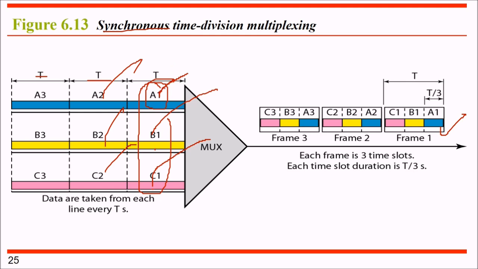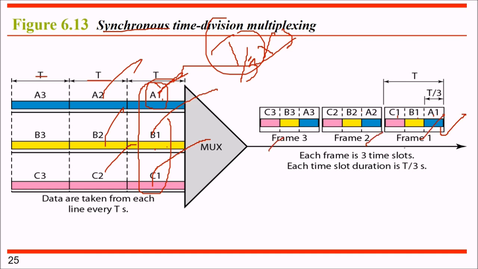For 1/3 time, A1 will be taken, then B1 for t by 3, then C1 for t by 3. So t by 3 for 3 times gives us t. First A1, B1, C1, then A2, B2, C2, then A3, B3, C3, for frame 1, frame 2, frame 3.